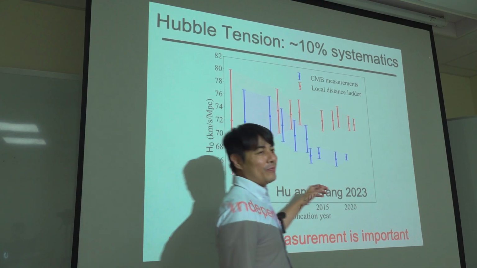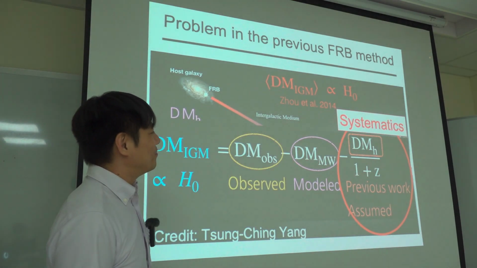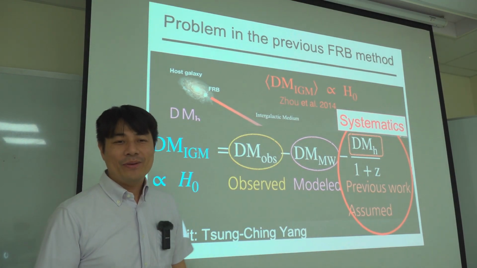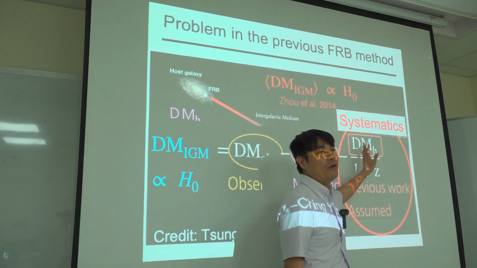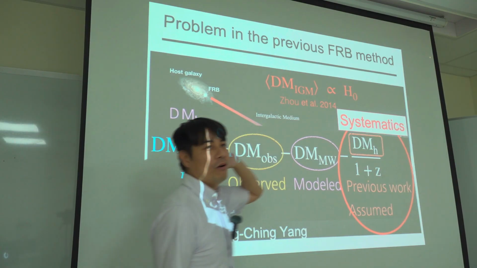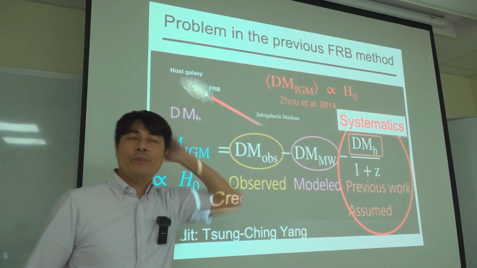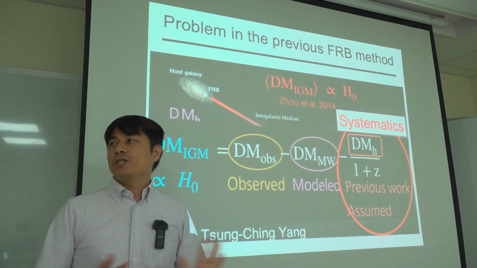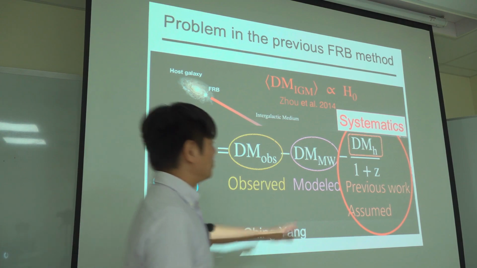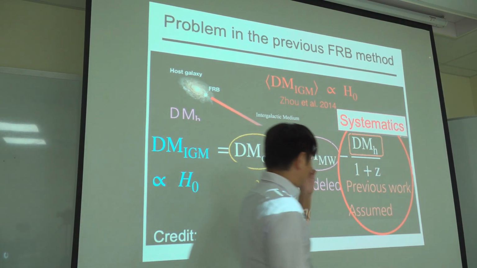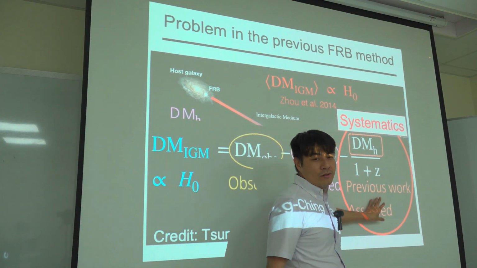But by default, the FRB method includes possible systematics already, because we don't know much about the DM host. This has been a problem, so people hesitate to use FRBs to constrain the Hubble constant, because this includes a problem here. There was no good solution to this.